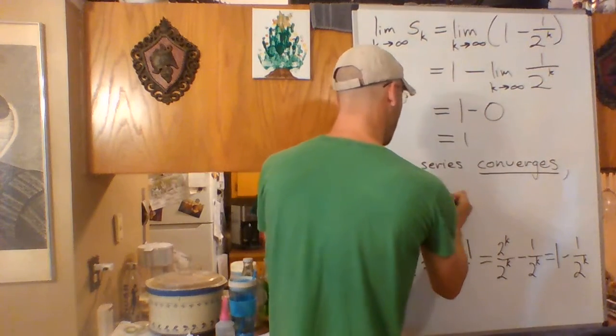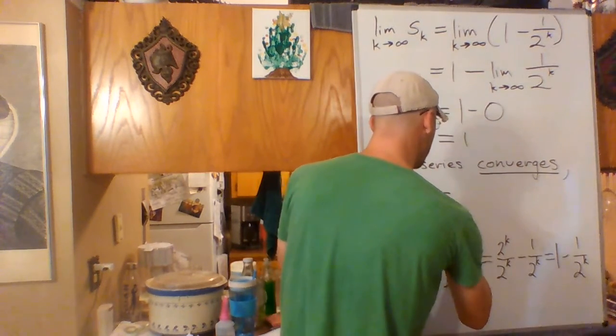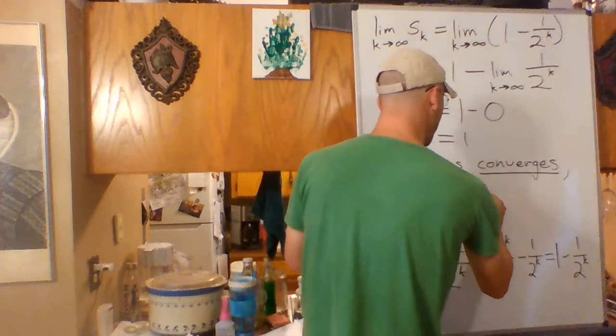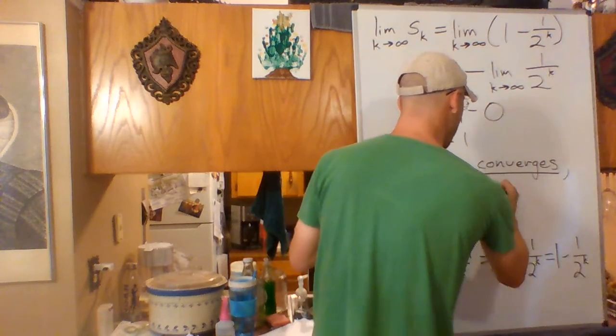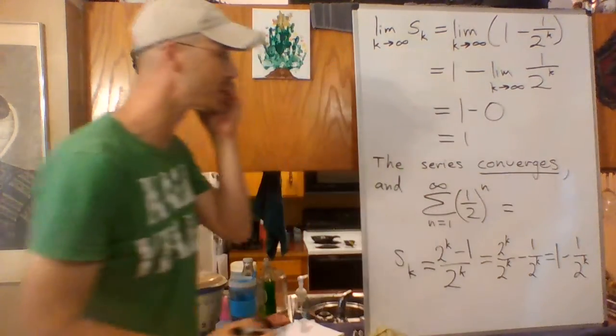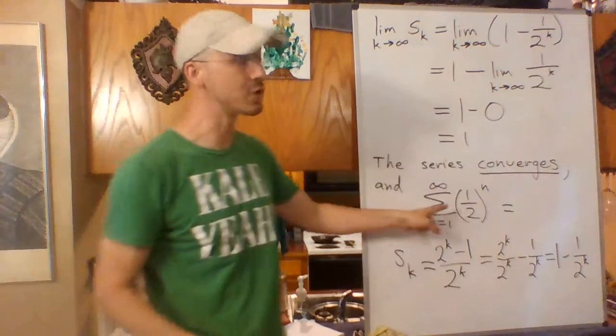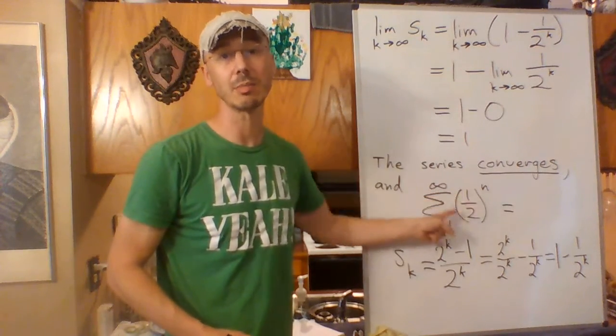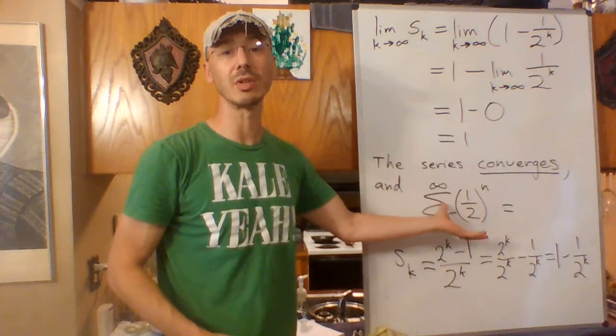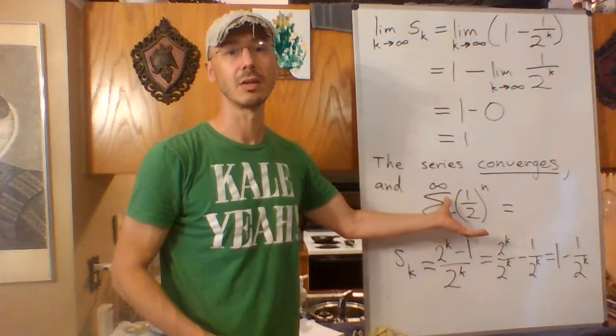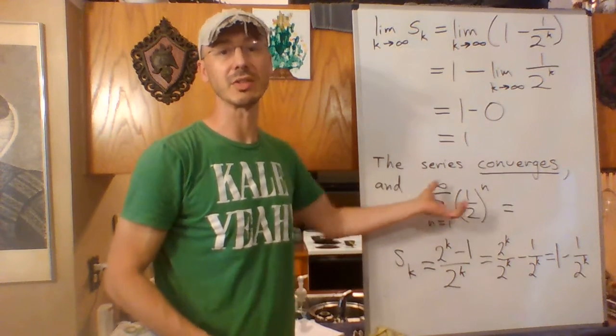And the sum from n equals 1 to infinity of 1 over 2 to the n. That's how we originally looked at it. I like 1 over 2 to the n to describe these terms, but this gives you an easy way to see why this is a geometric series.